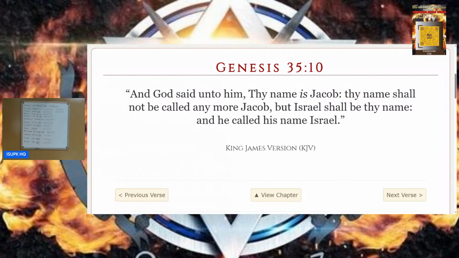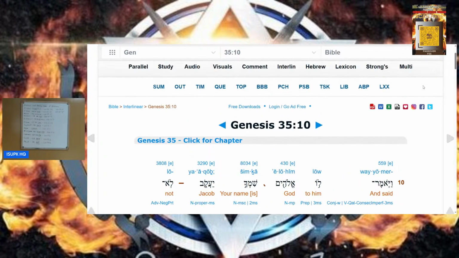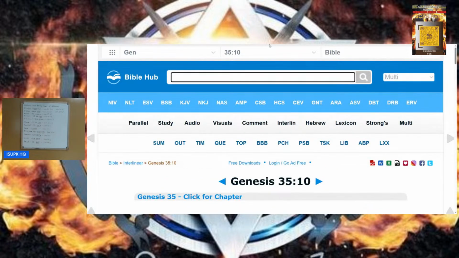So let's look in the interlinear. Okay. And just so you know, this is BibleHub.com. This is where I read from during the Sabbath service. This is what I'm reading from on my phone just because I can blow it up on my phone.